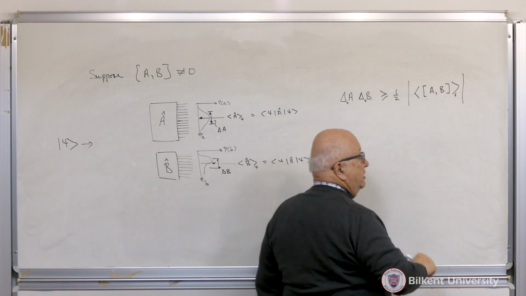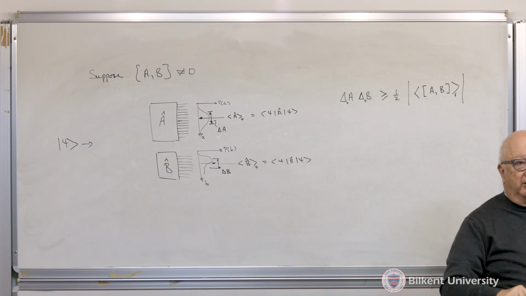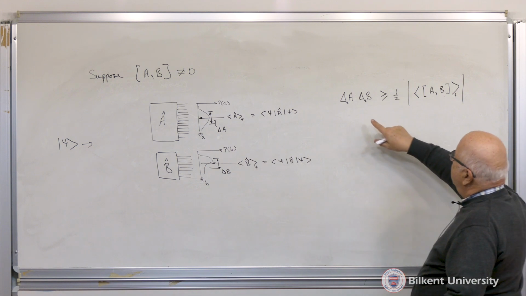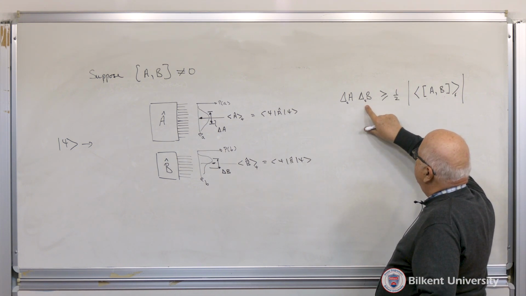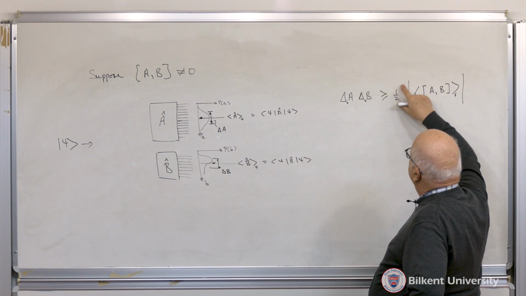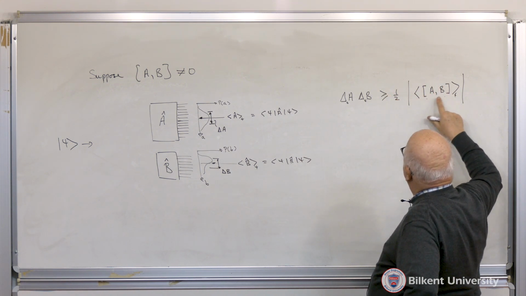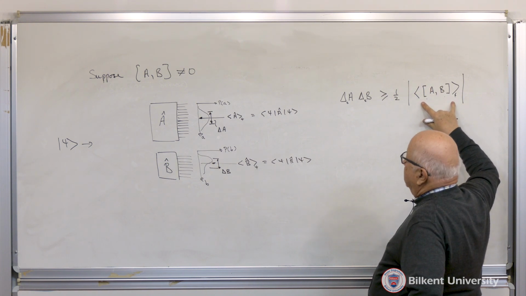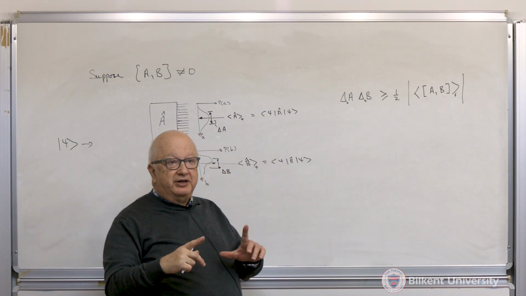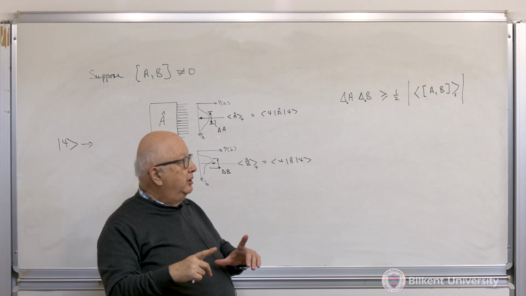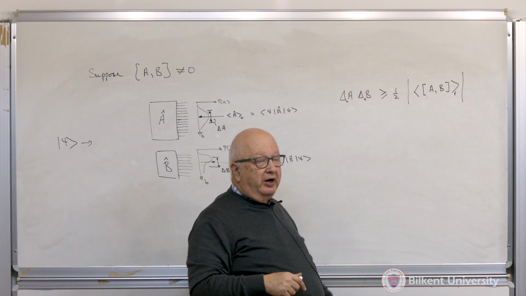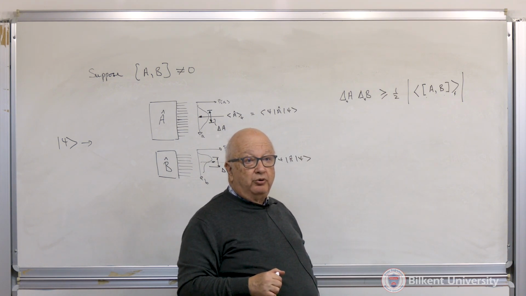It says that the uncertainty in A times the uncertainty in B is greater than or equal to 1/2. You take the commutator, which in general is another operator. You take its expectation value, then take its magnitude multiplied by 1/2, and that's your uncertainty.